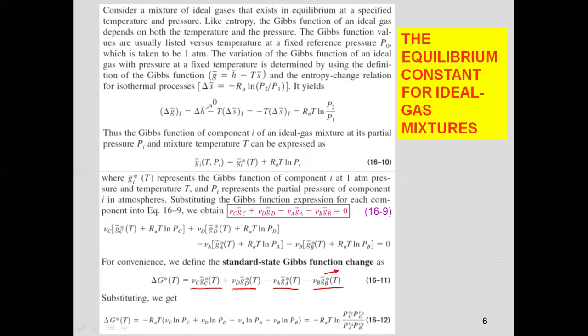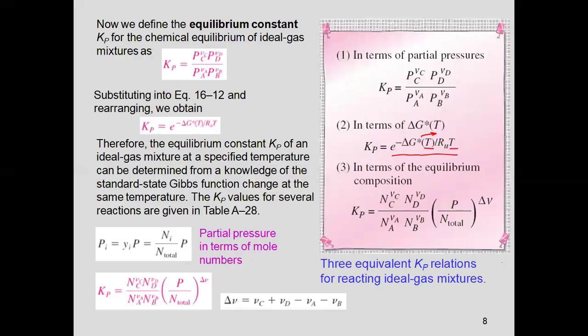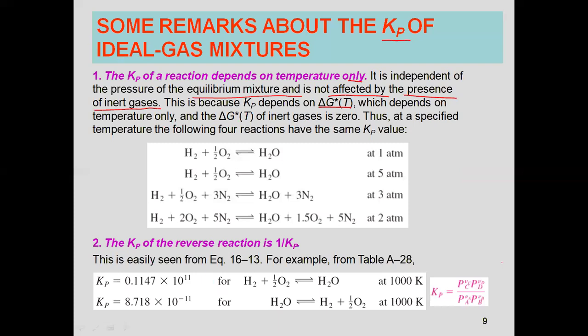Okay, so since inert gas is not undergoing any chemical reaction, the change of Gibbs function of this will be 0. Therefore, even if there is some inert gas in the equilibrium mixture, it will not basically affect the value of Kp.